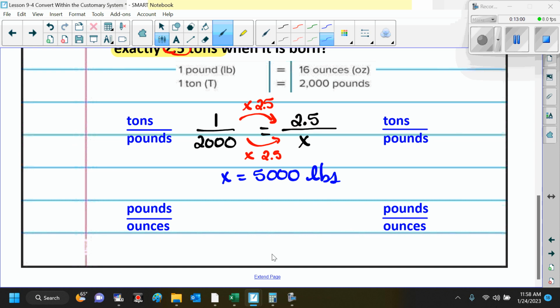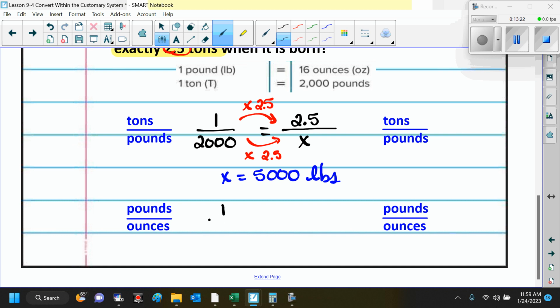Now we want to go from pounds to ounces. Good. So here, what's our original ratio going to be? Pounds to ounces. Get it from the chart. 1 to 16. Right. 1 pound is equal to 16 ounces.